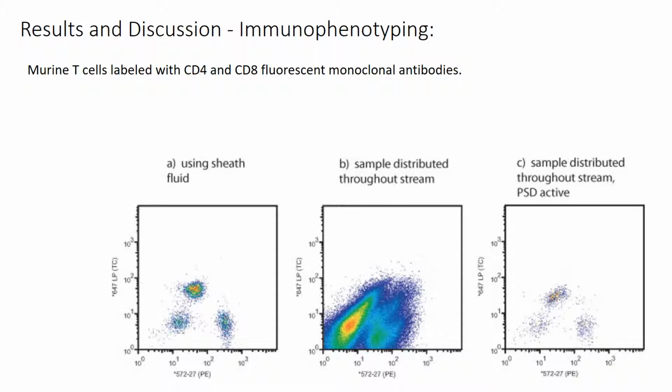As we can see, virtual core flow cytometry not only gives the characteristics of both cells labeled with CD4 and CD8, but also gives the quantitative information of those two.